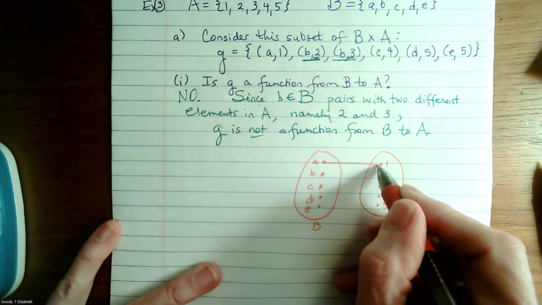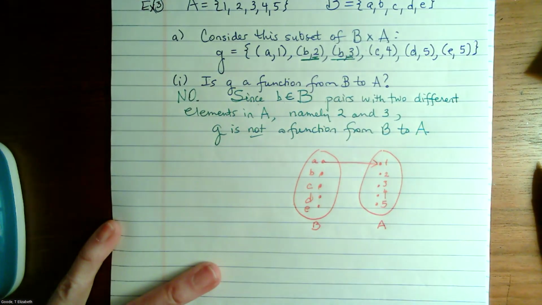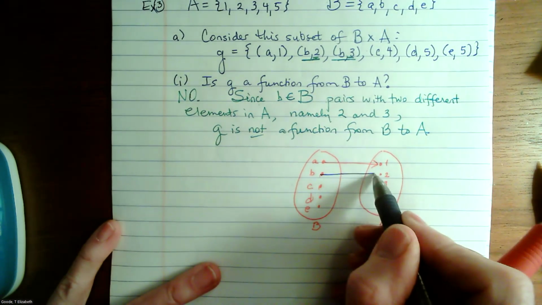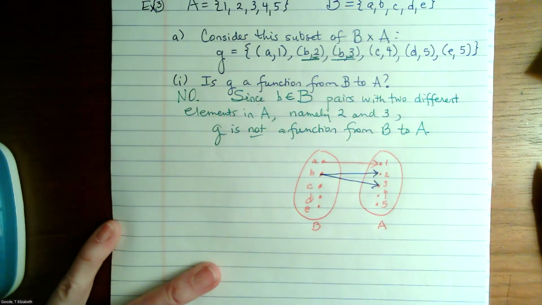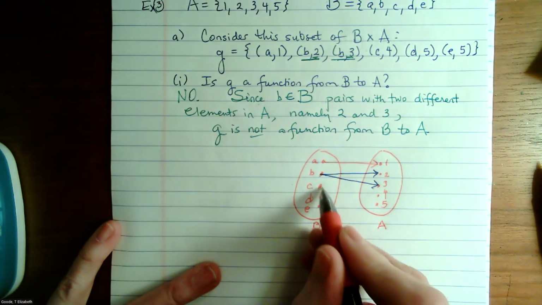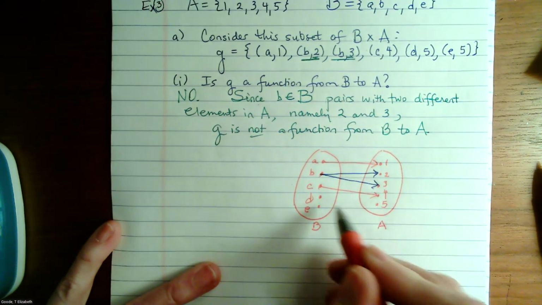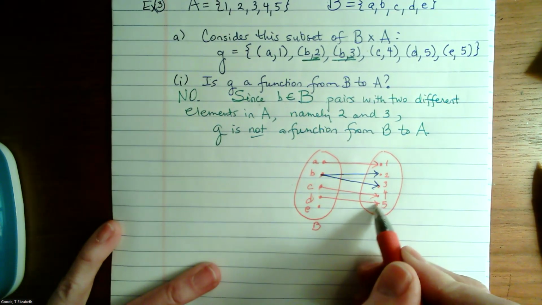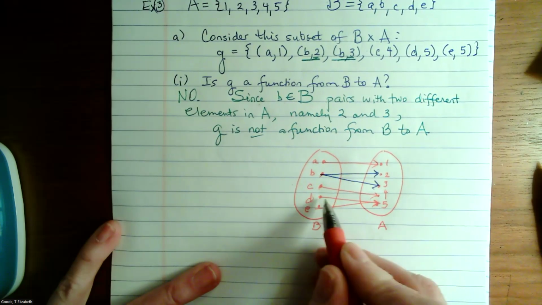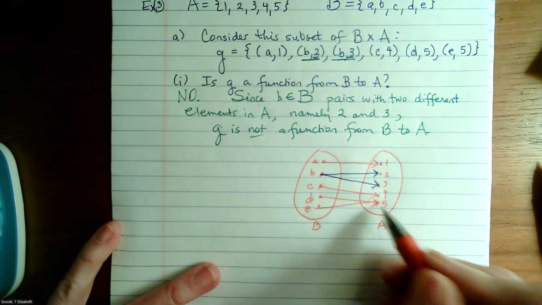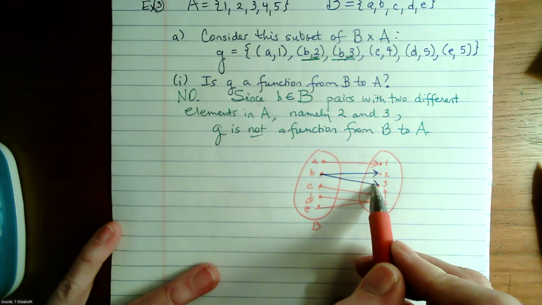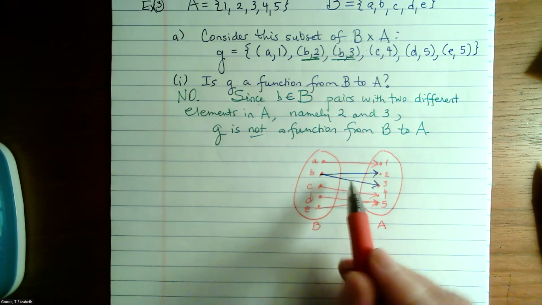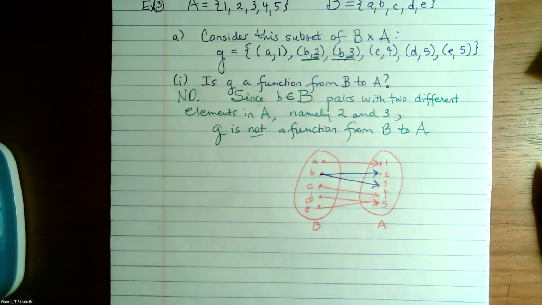Now a's mapping to 1, but look what's happening with b. It's mapping to 2, but then its arrow splits and also goes to 3. You can't have that. c goes to 4, d goes to 5, e goes to 5. There's no problem with two arrows hitting the same element in A, but you can't have a splitting arrow. Okay? So that's the problem right here.